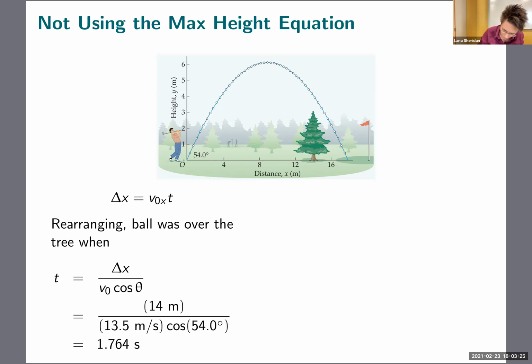Just to remind you, V0 was equal to 13.5 meters per second, and theta, the launch angle, was equal to 54.0 degrees. I have someone answering me in the chat, but I have to actually double check it because I can't remember what it came out to.